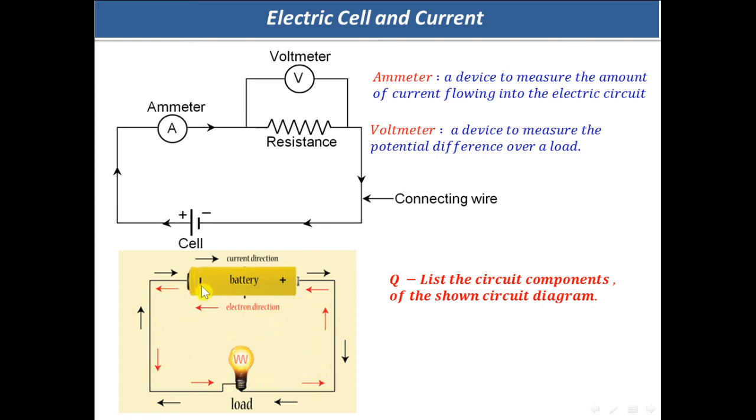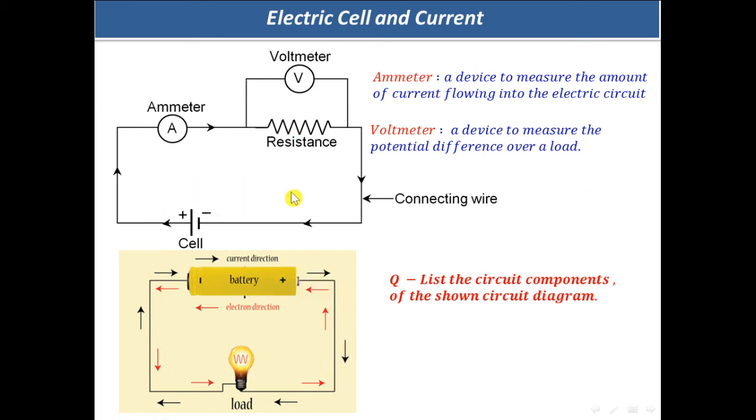Because the polarity here is negative, and we have free electrons also negative, and we know that two alike charges repel each other. So the electrons in the wire will be repelled from the negative polarity of the cell, so they will move in this direction. But the electric current moves from positive to negative.